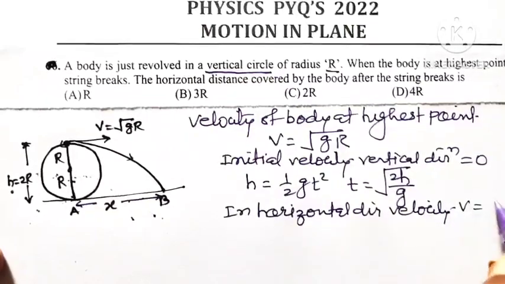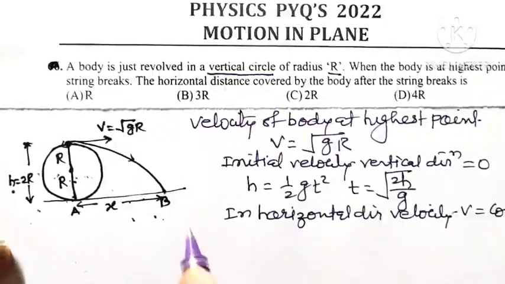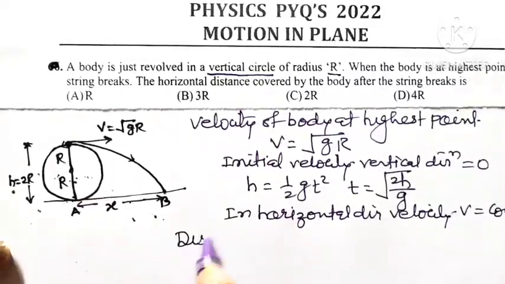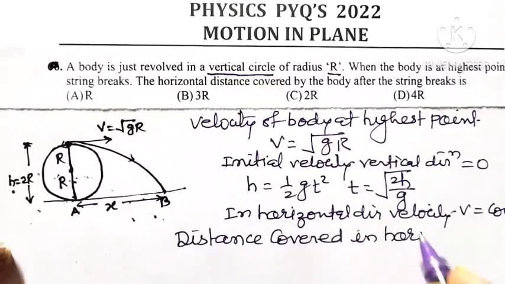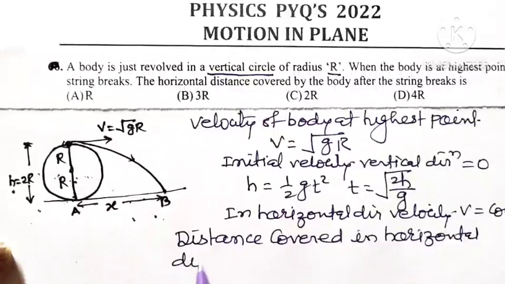So that velocity v is constant in horizontal direction. What is the distance covered in horizontal direction in time t? X is the distance covered in horizontal direction.